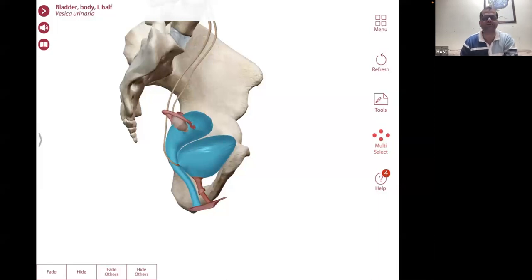Now during pregnancy, when the uterus becomes bigger, there will be compression on the urinary bladder.